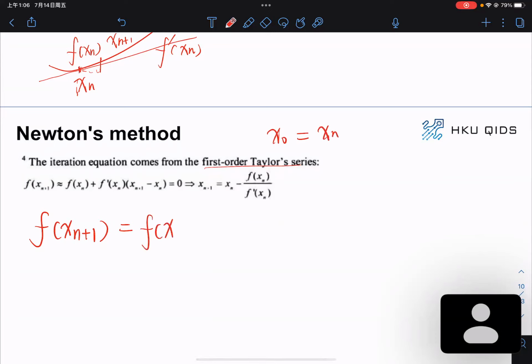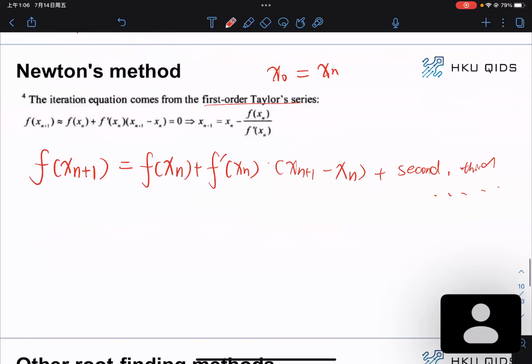Then this is going to be f(xn) plus the first order derivative f'(xn) times (x(n+1) minus xn), and plus the second, third part, and so on. So it is almost equal to f(xn) plus f'(xn)(x(n+1) minus xn), right? And we are trying to make this to be 0.